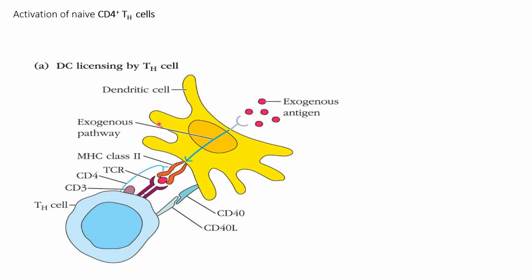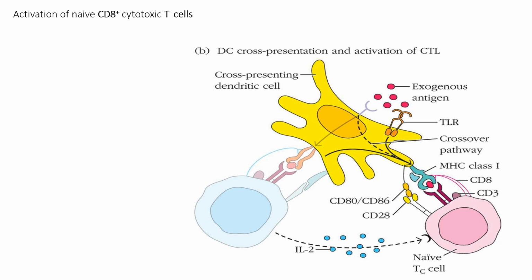And this dendritic cell is thus activating the T helper cell, but at the same time it's licensing the dendritic cell. So there's a kind of two-way talk here. The helper cell is getting activated, but this activation process actually is doing something to the dendritic cell, and that's what I'll show you in the next slide.